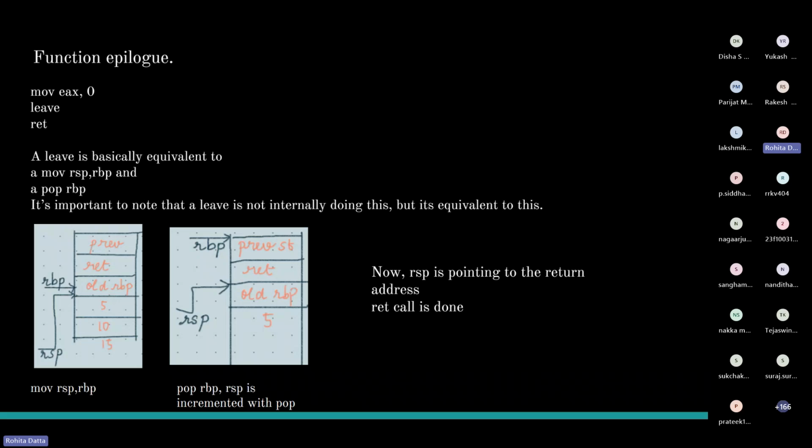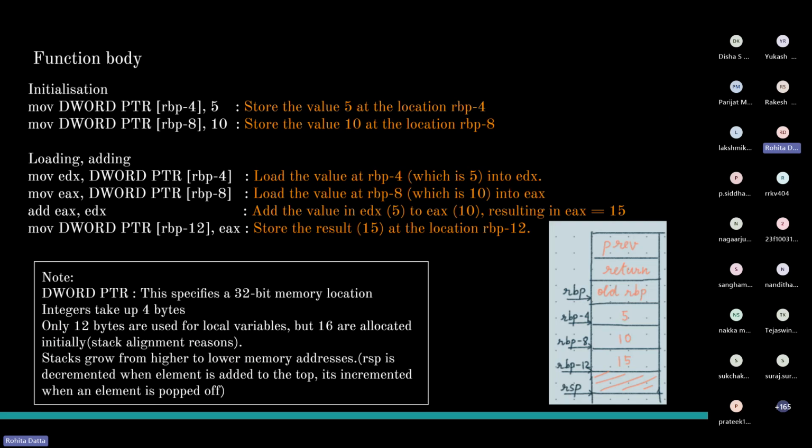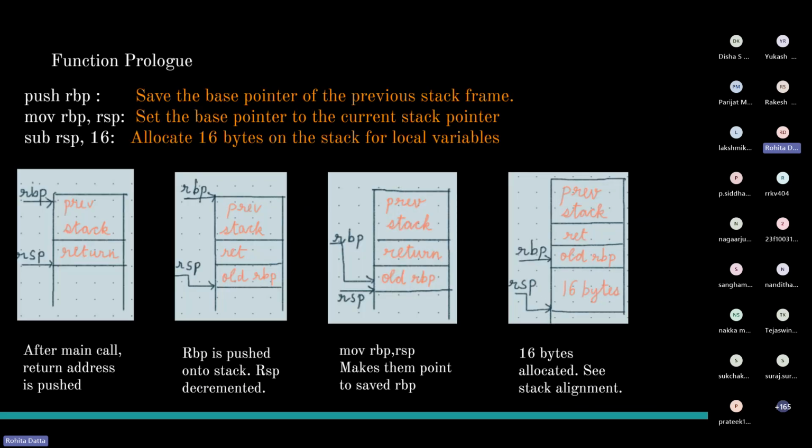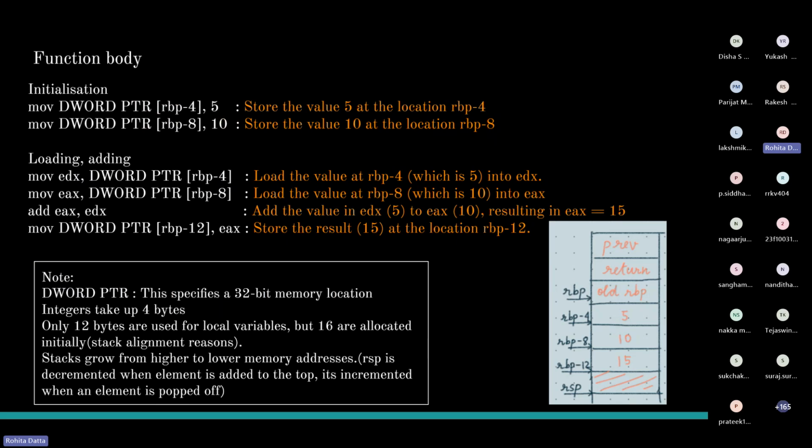The function prologue allocates space, and the function body does whatever it was supposed to do. It added 5 and 10, resulting in 15, and it stored it somewhere.